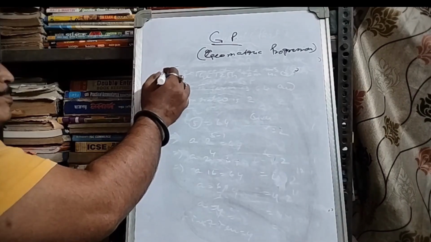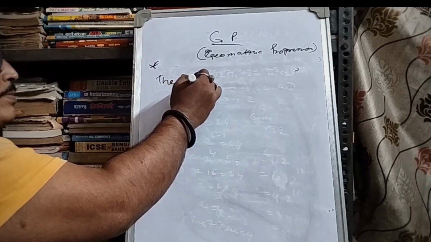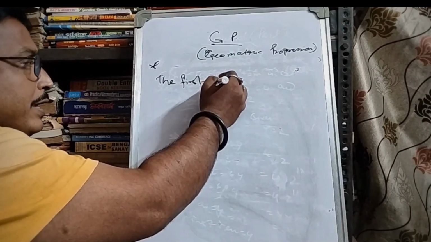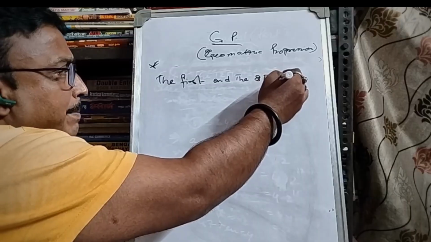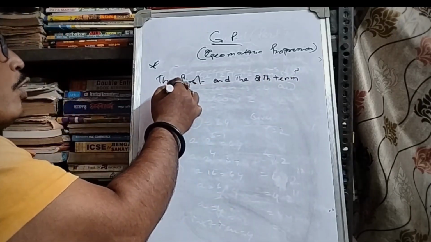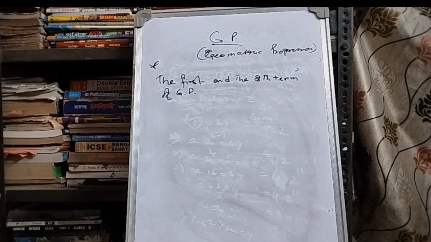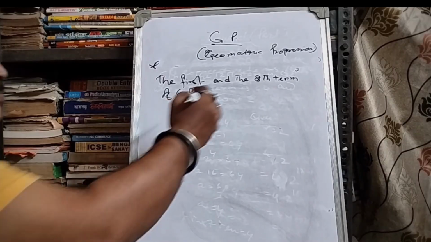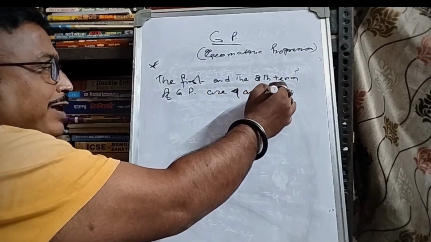The next sum: the first and the eighth term of a GP are 4 and 512.